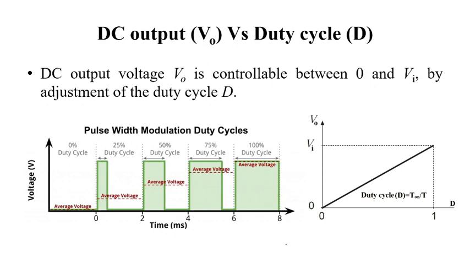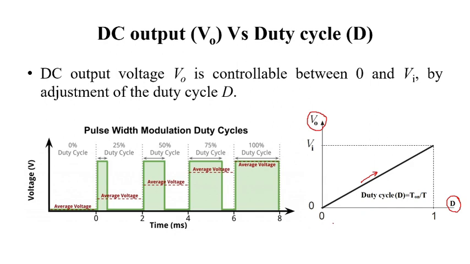If you draw the DC output voltage versus duty cycle graph, on the y-axis we take the output voltage and on the x-axis we take the duty cycle. As we increase the duty cycle, the output voltage also increases gradually.